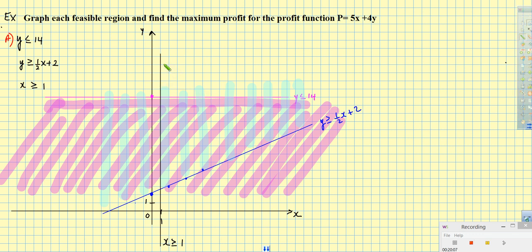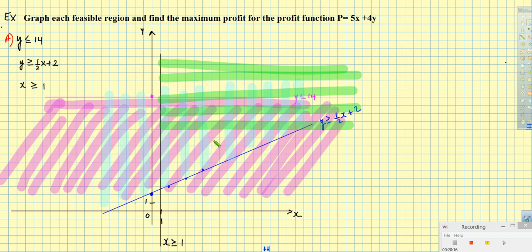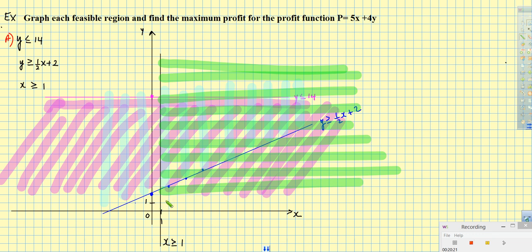So this is my area right here, greater than or equal to 1. I think I need to shade this part in. Okay, so this is greater than or equal to 1.